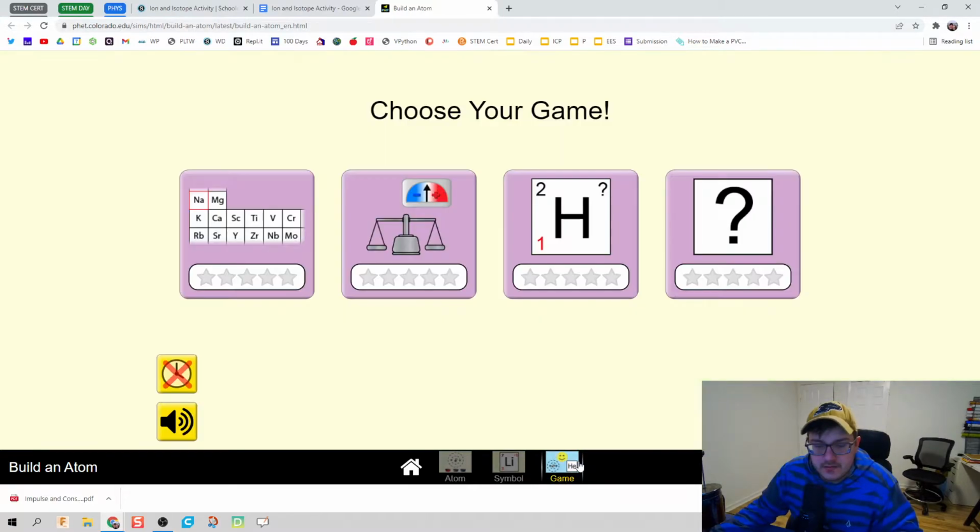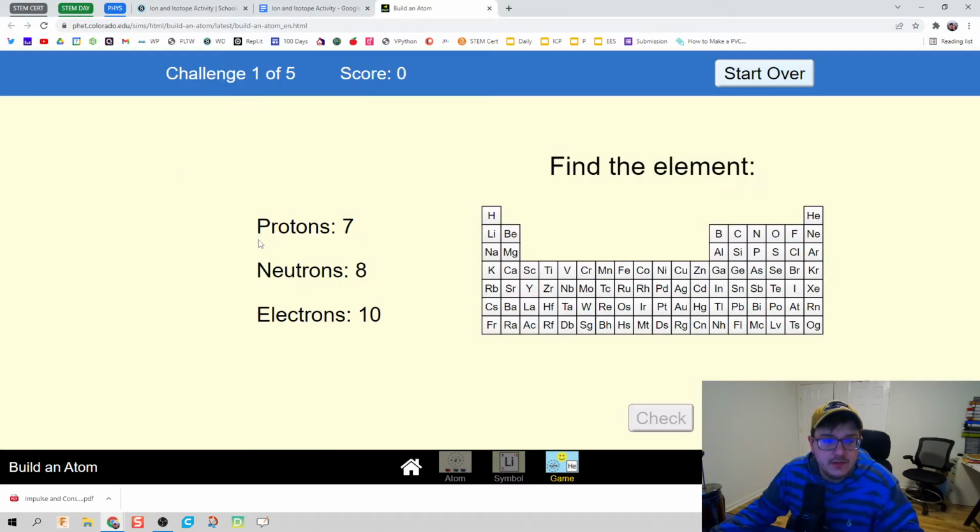Okay, let's do a couple of example problems together. First thing we're going to do is find the element. So we see that we have 7 protons. I'm going to find on my periodic table something that has an atomic number of 7, and that's going to be nitrogen. Okay, how many electrons does it have? Well, we notice we have 7 protons and 10 electrons.